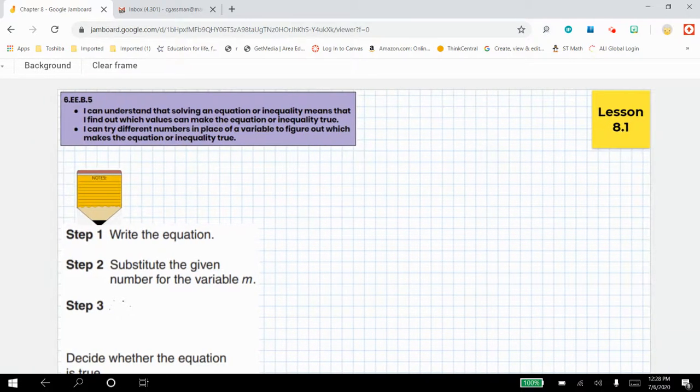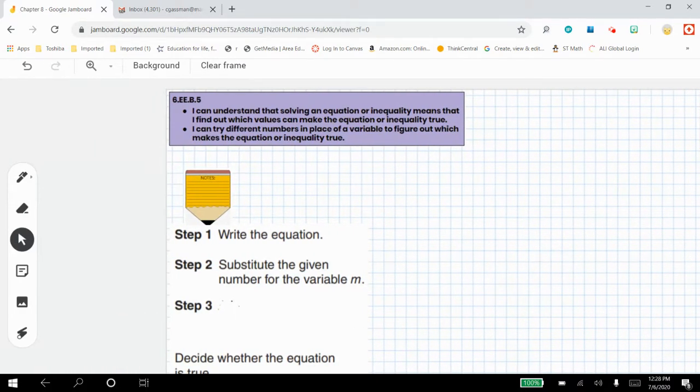All right, so what we're going to be doing today is using substitution, and we have been doing that already. Here are our objectives. If you look up here at the top where the yellow is, solving an equation or an inequality means that I find out which values make that equation or inequality true.